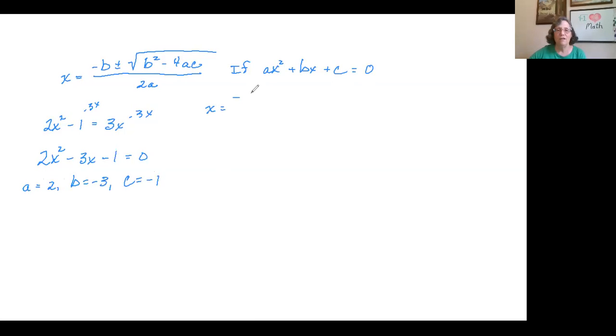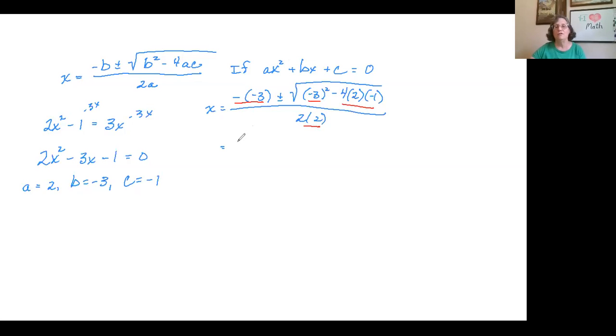So x is going to equal the negative of b plus or minus the square root of b squared minus 4 times a times c all over 2 times a. Okay, so remember, first time through. 1, 2, 3, 4 spots to worry about. The first step is the only time that you can do more than one thing. So minus a -3 is +3, plus or minus the square root of 9.